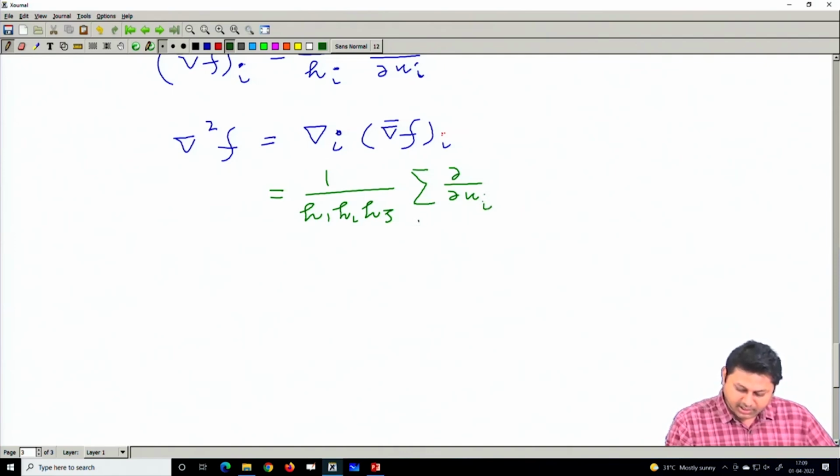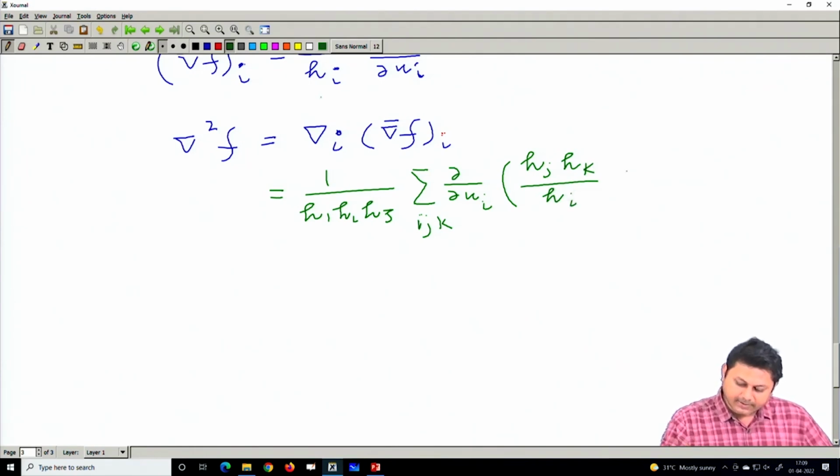So, I should write i here, j here and k here, and the rest of the terms are h j, h k divided by h i, which is here, and then del f over del u i. This is the generalized form.